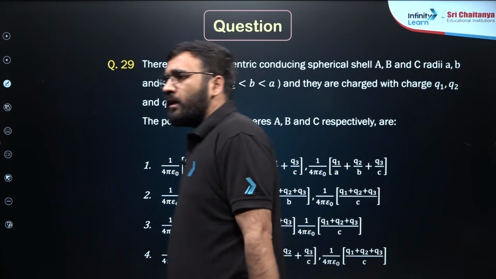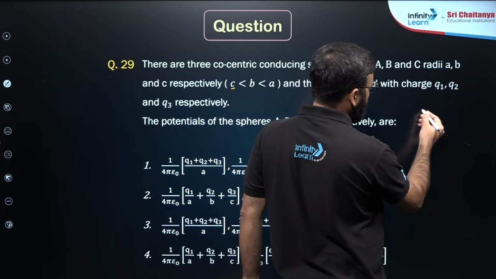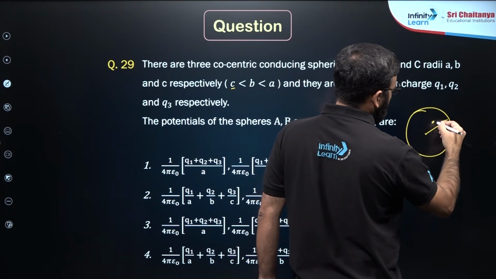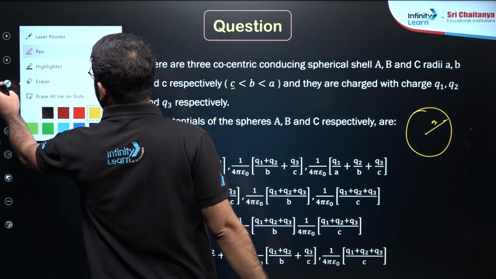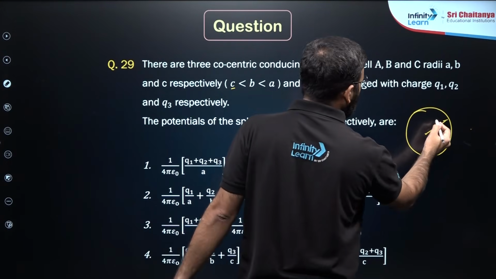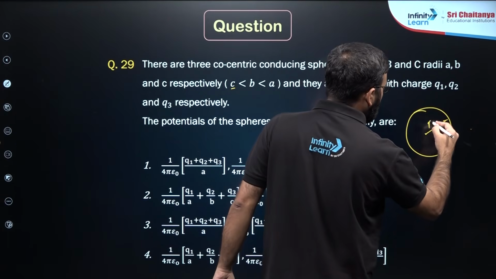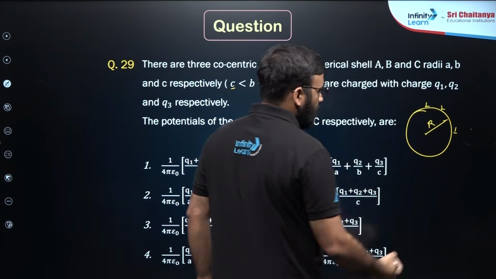So beta, all of you know what the potential due to a spherical shell is. I am just telling here. This is the spherical shell and its radius is capital R. If some charge is here, what is the inside potential?